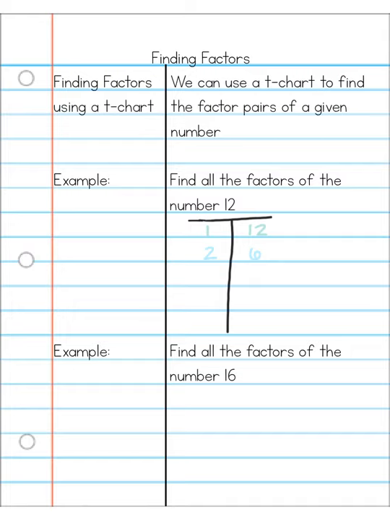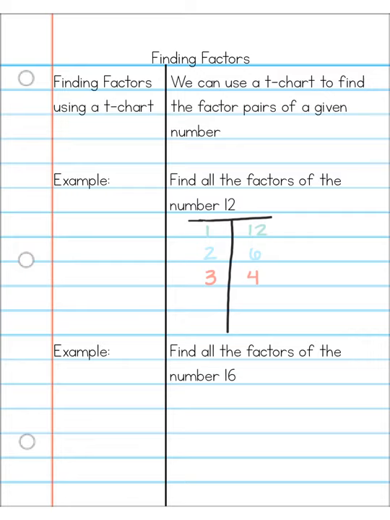The next number I would try and multiply is 3. And I know I can multiply 3 times 4. The next number I could multiply is 4, but that's already on my list. And I know that I cannot multiply 5 to get 12. I already used the number 6.